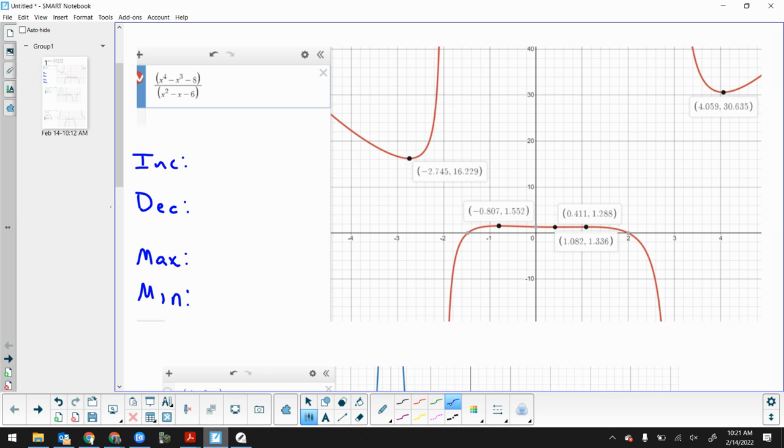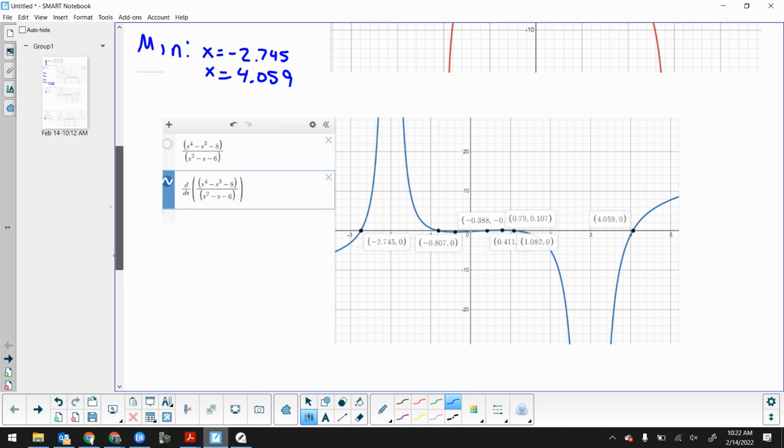There's a minimum at x equals negative 2.745, and then again at 4.059. And it looks like there's another minimum value in here, but I'm just going to use my single derivative just to check. Okay, so taking a look in here, I see an x-intercept here of negative 2.745. Look at that, right there.